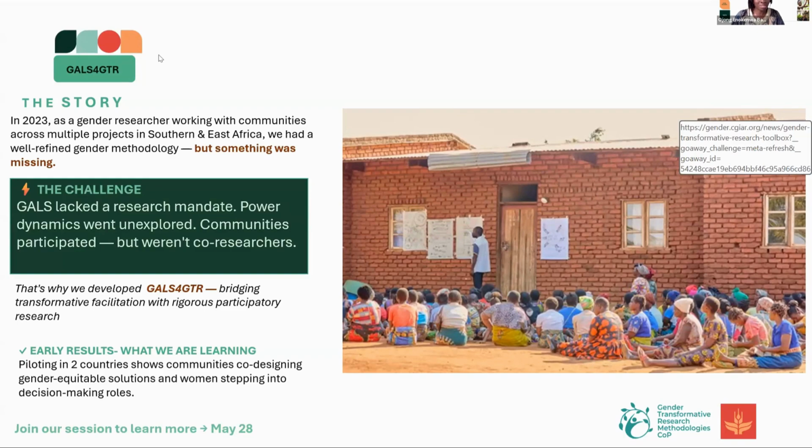Something was actually missing. And what was missing? GALS, as it is currently used, lacked a research mandate. Power dynamics went unexplored. Communities participated, but they were not considered as co-researchers. And that was how we thought about the idea of developing GALS for gender transformative research.